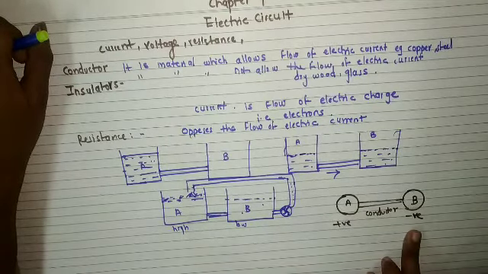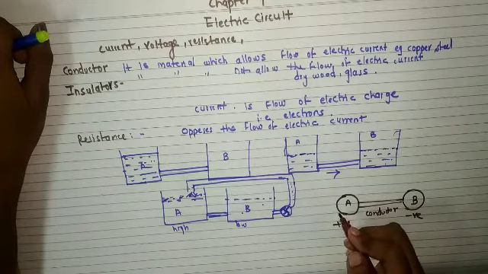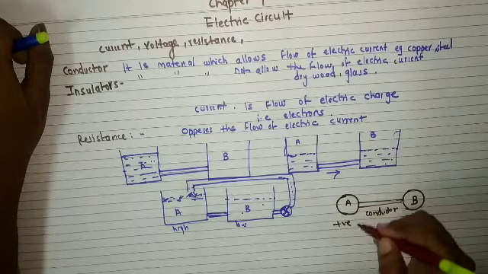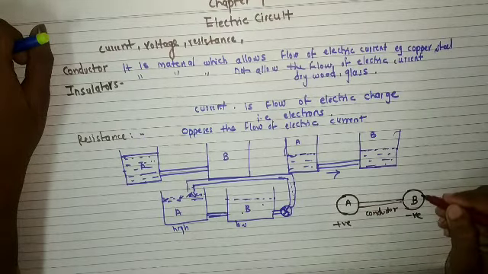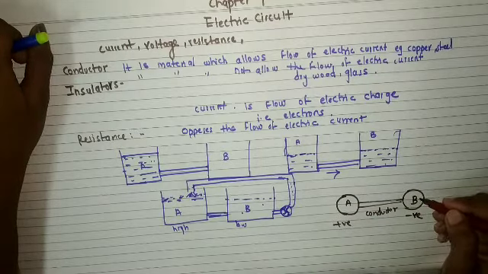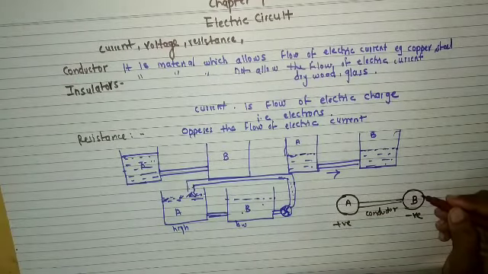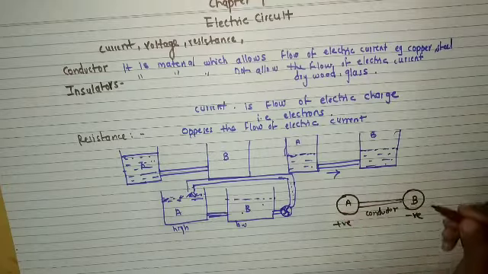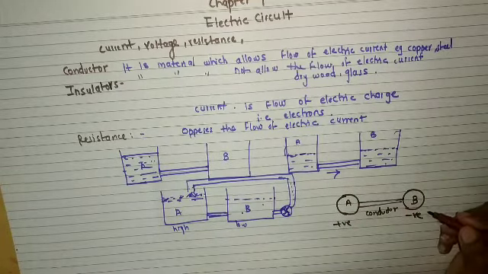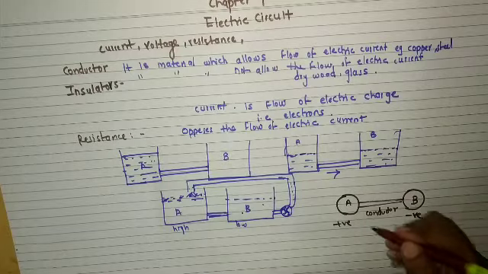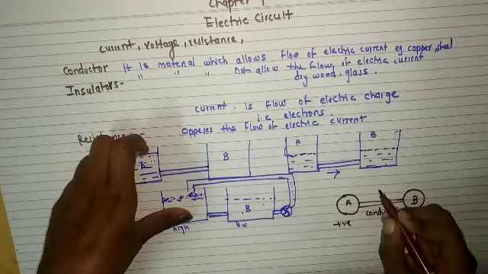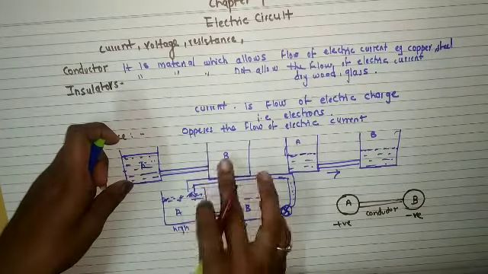So what will our current do? Our electric current flows through the conductor wire from A to B, from positive to negative. Then what will happen? This flow will continue until there is a difference in potential, as it was here.